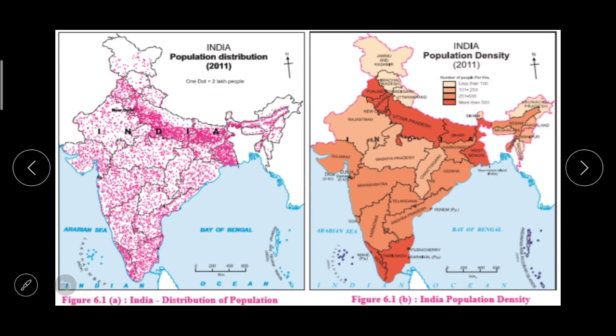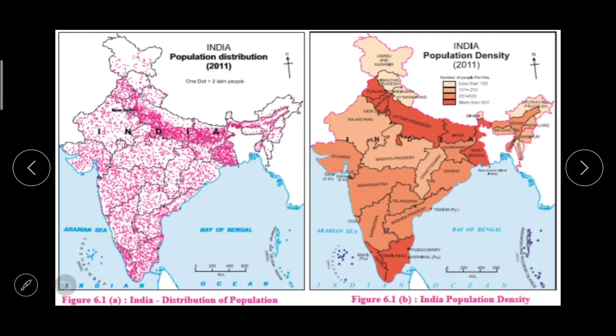So one thing which is very important to consider is that population is the resource for any country to progress, and it is very important that this resource must be qualitative.